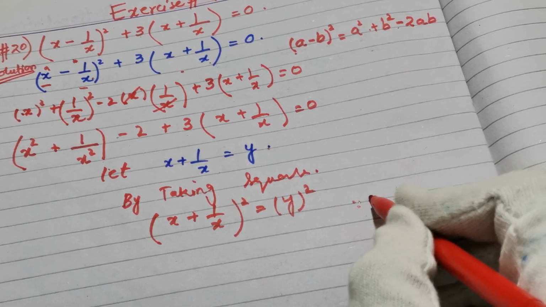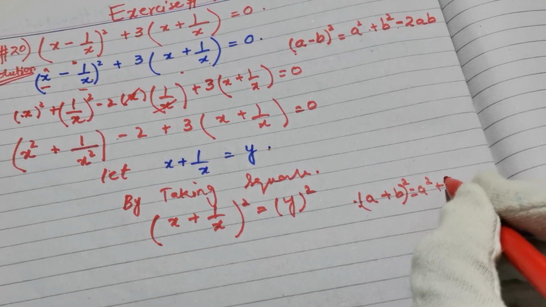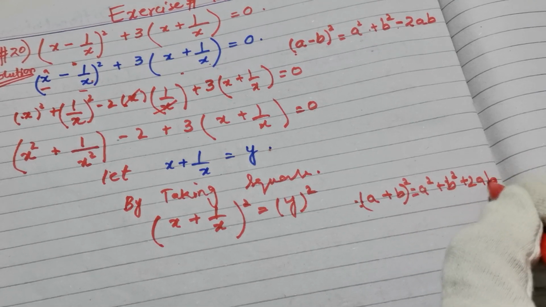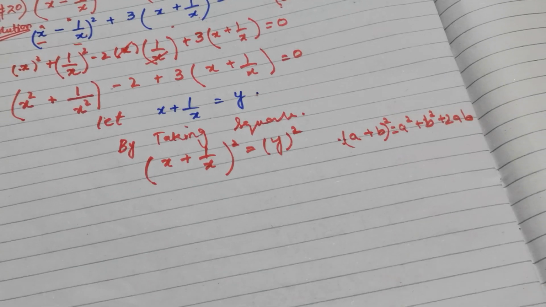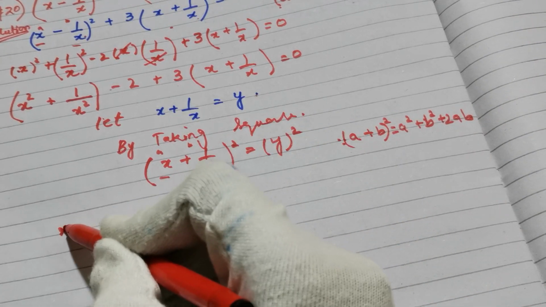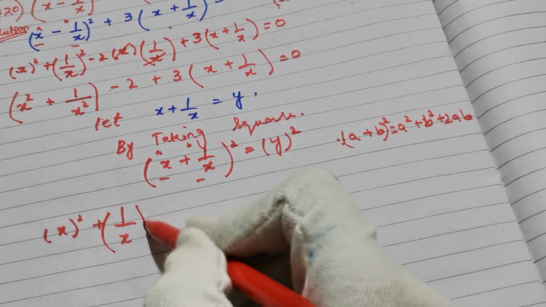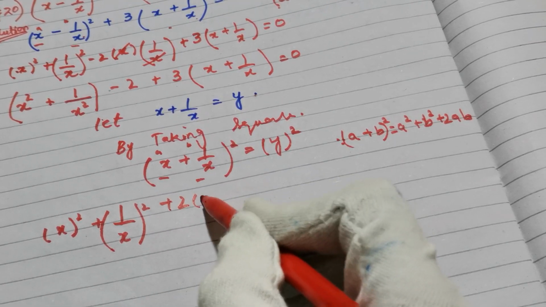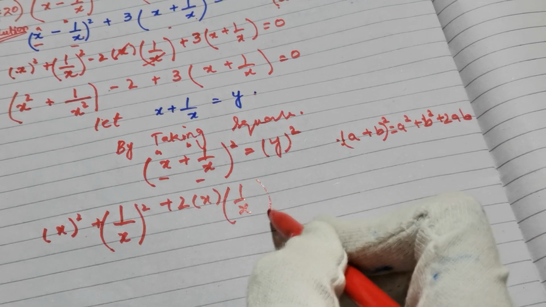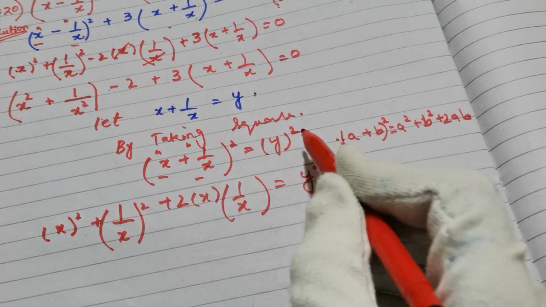The formula of (a + b)² is a² + b² + 2ab. So here we consider this term as a and this term as b. So a² + b² + 2ab is equal to y².